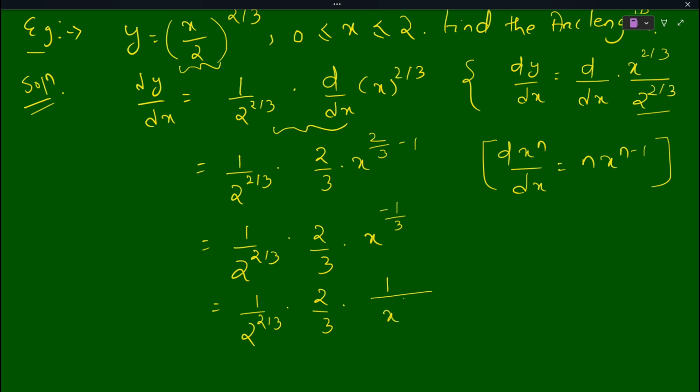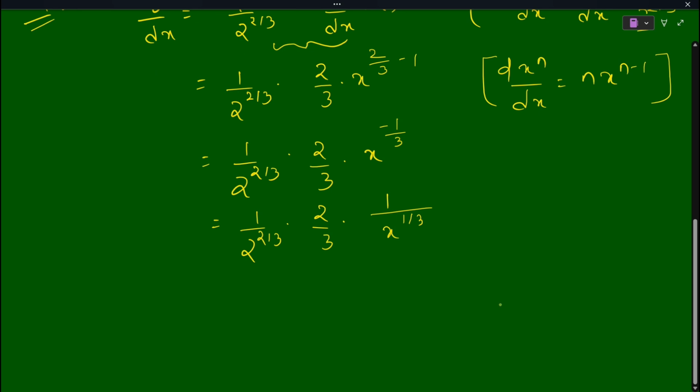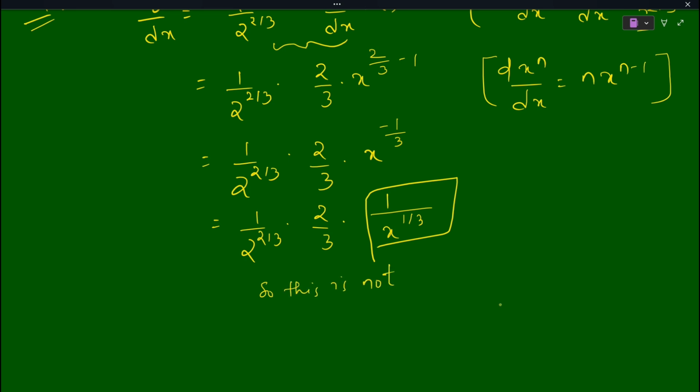Now see, this function 1 by x to the power 1 by 3 is not continuous at x equal to 0. For that reason, y equal to (x by 2) to the power 2 by 3 is not a smooth curve.